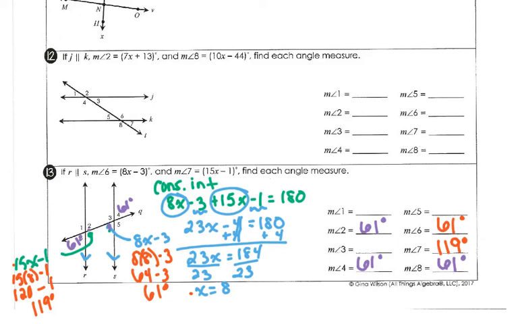And then now I can fill in the other 3 angles that I'm missing based on knowing that with angle 7, angle 3 is alternate interior, so that has to be 119 degrees. Now, angle 1 is corresponding to angle 3, so angle 1 is 119 degrees.